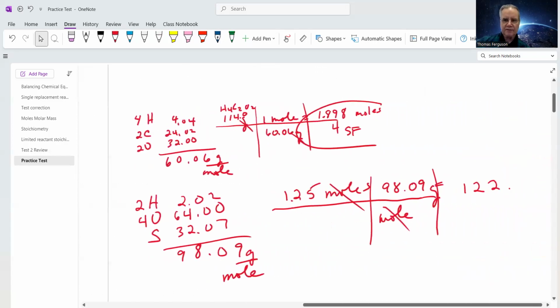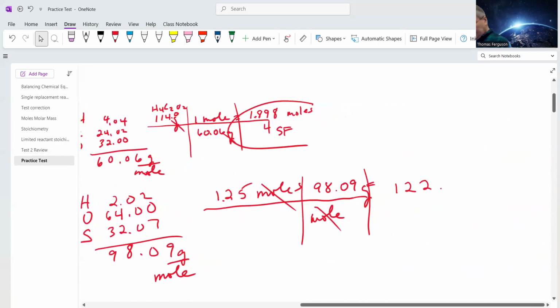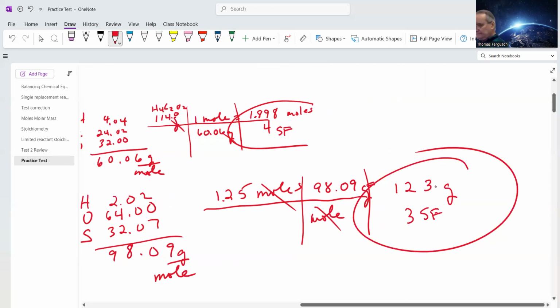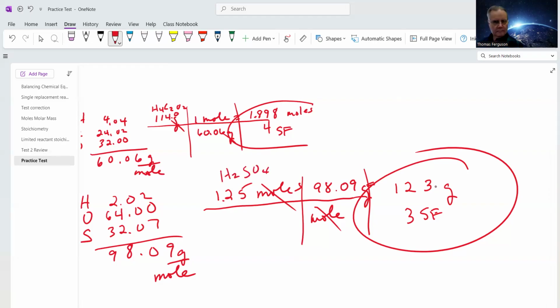And we're looking at 3 sig figs. In your next chemistry class, this is one acid you're going to have to know, sulfuric acid.